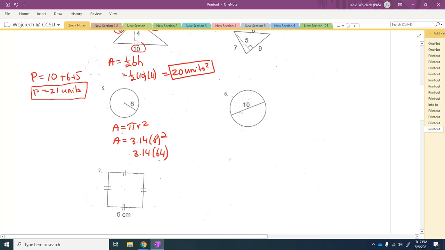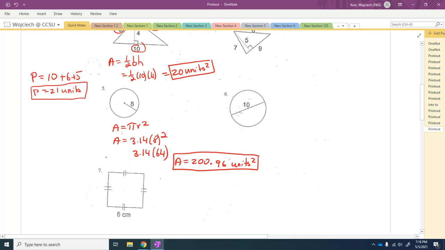If you use your calculator, you will get about 200 square units.